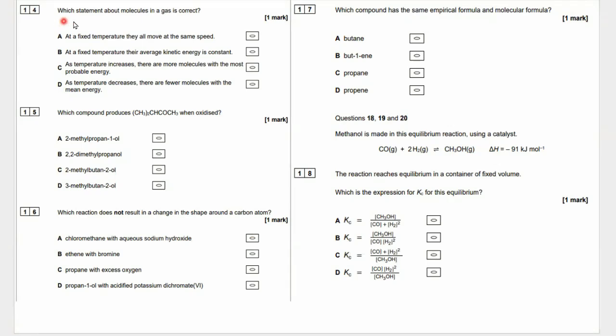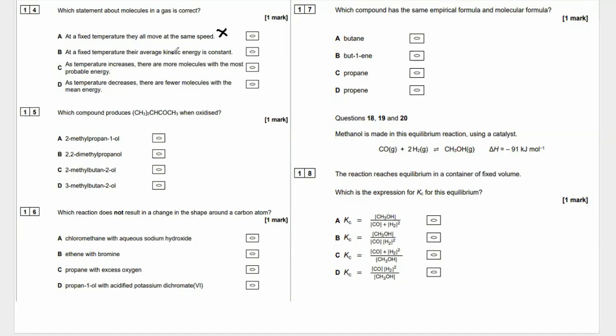14. Which statement about molecules in a gas is correct? A, at a fixed temperature, they all move at the same speed. Well, that's not going to be true because in any gas, they're moving randomly and at different speeds. So that's not true.